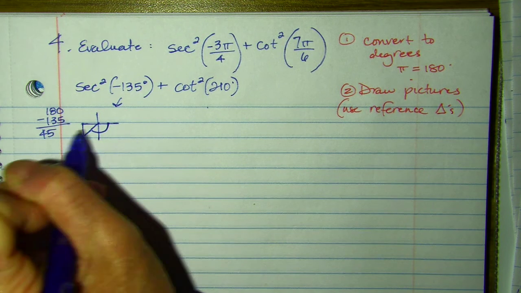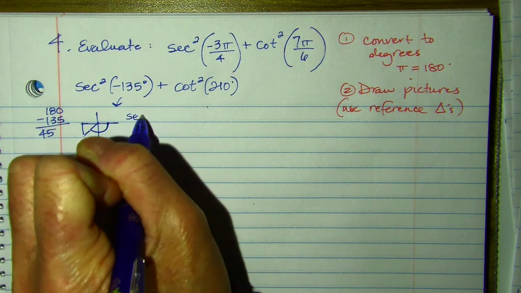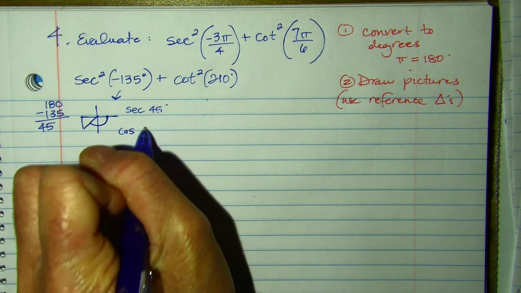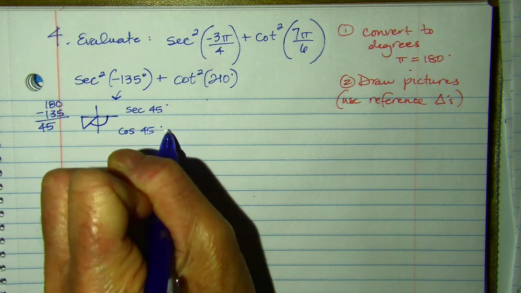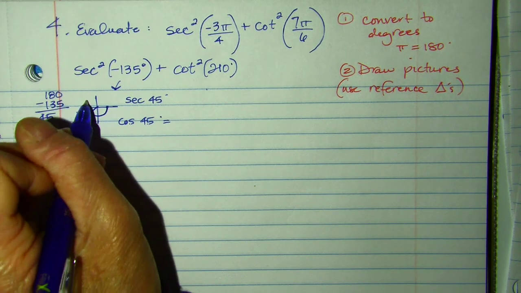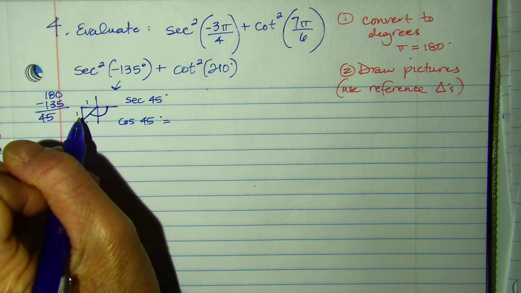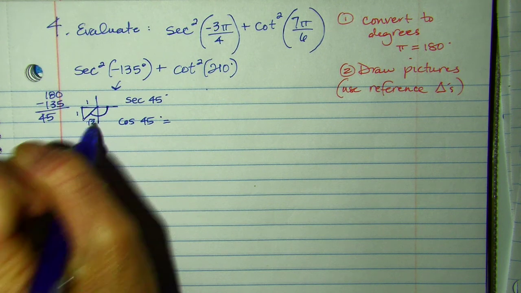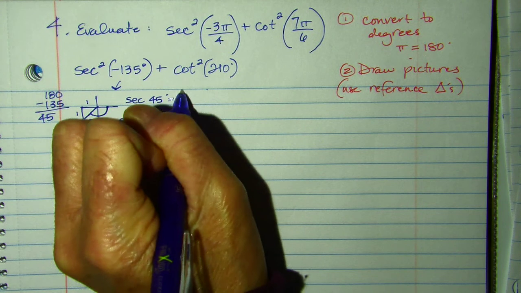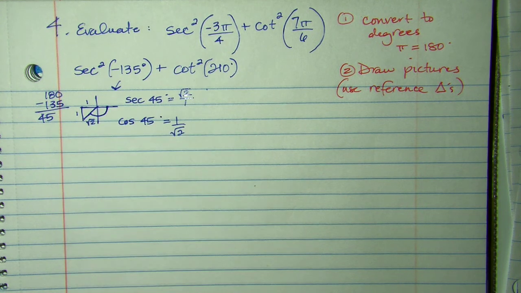So I'm actually evaluating the secant of 45 degrees. Secant, though, is the reciprocal of the cosine of 45 degrees. So that's what I'm evaluating. Cosine is 1 over root 2, so the reciprocal would be root 2 over 1.